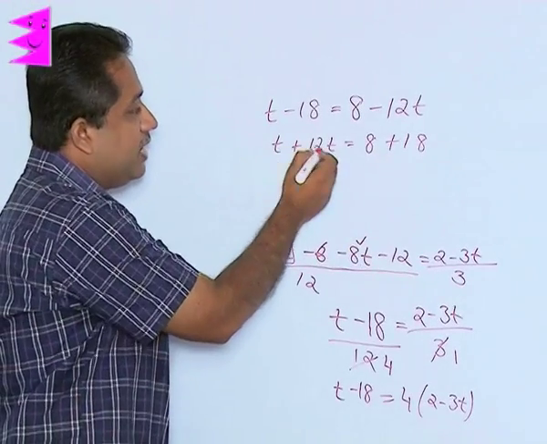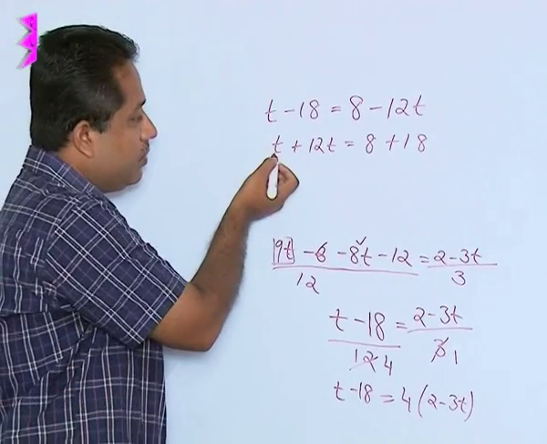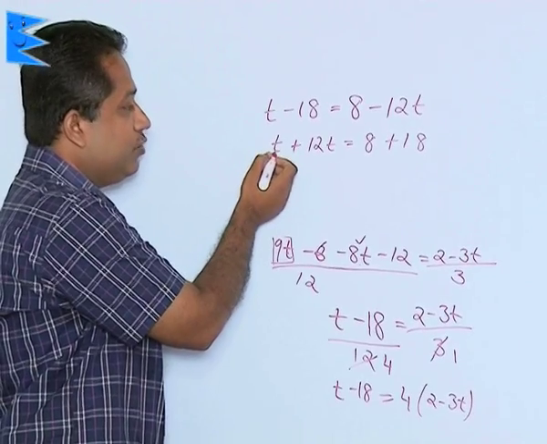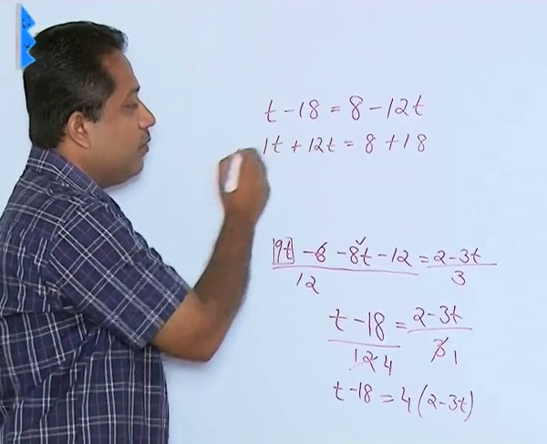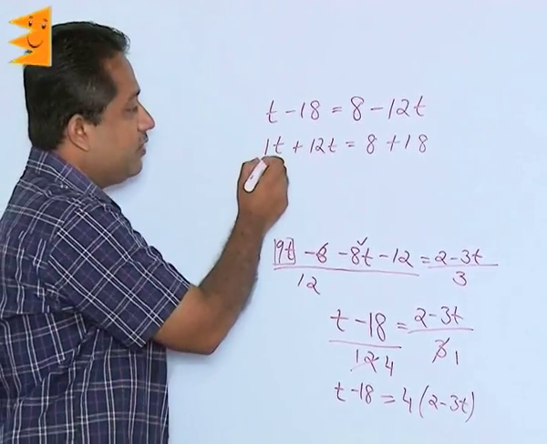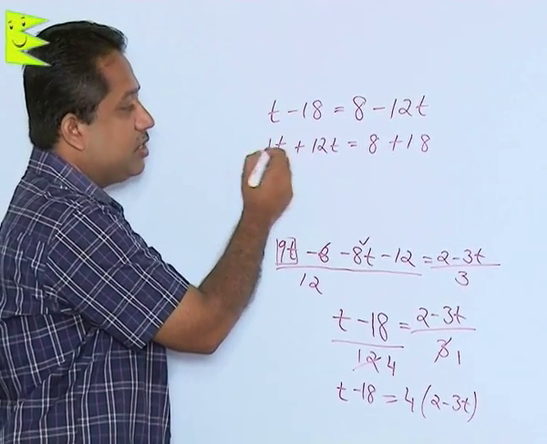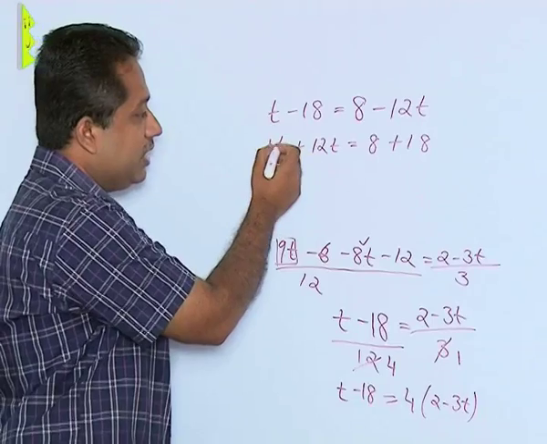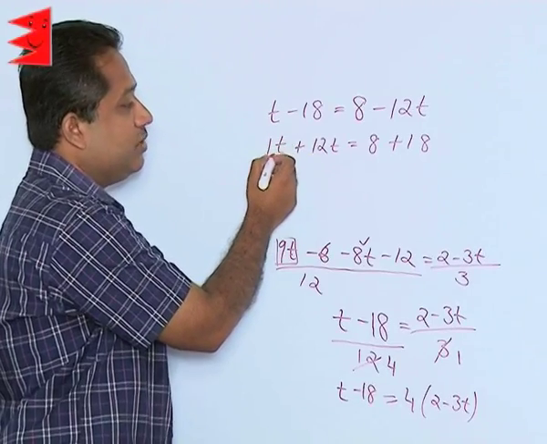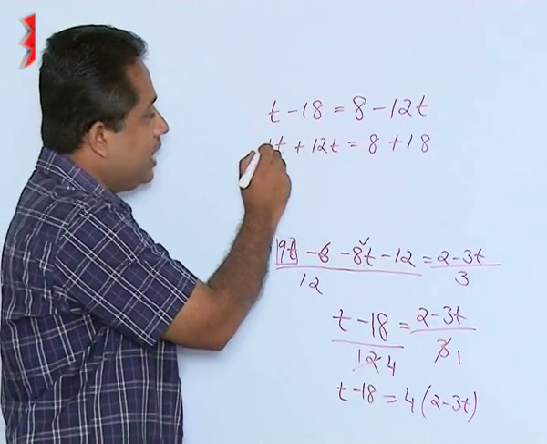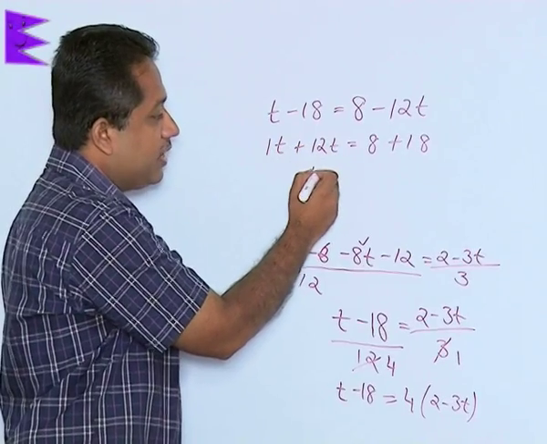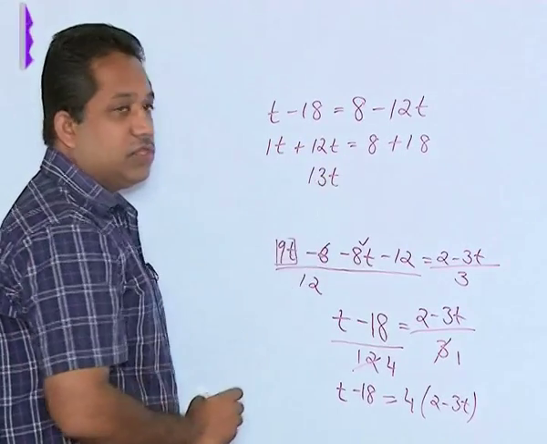Now, how do we add t and 12t? There is no number written in front of t, which means that the number is actually 1. It is not necessary to write 1t, and we usually do not write it, but for calculation purposes, we should know that a simple t means it is actually 1t. So, when we add 1t and 12t, we get 13t on the left side.